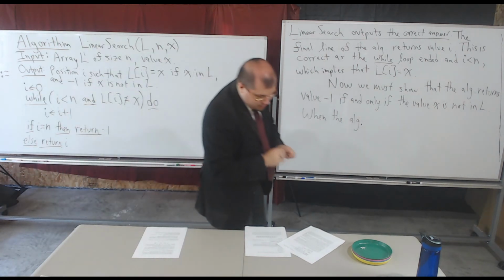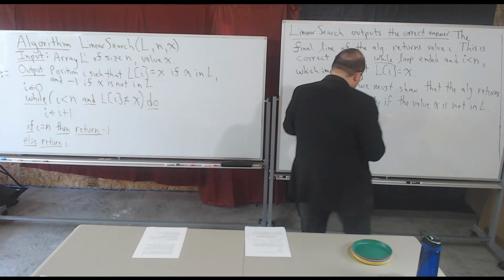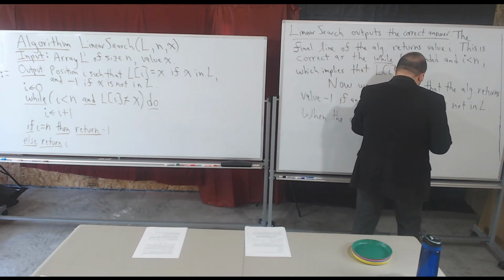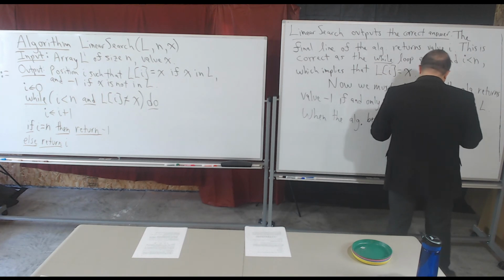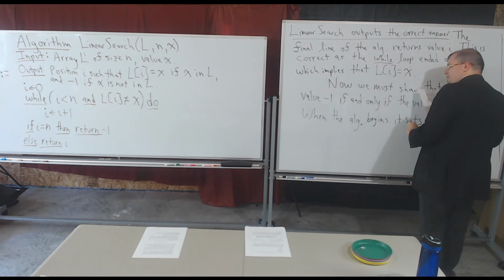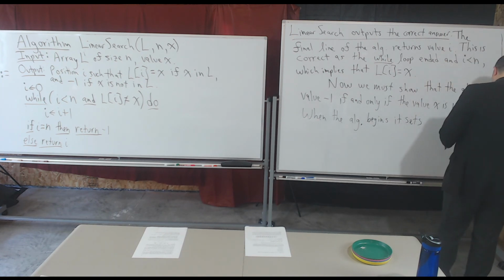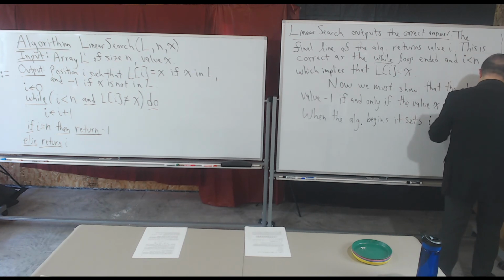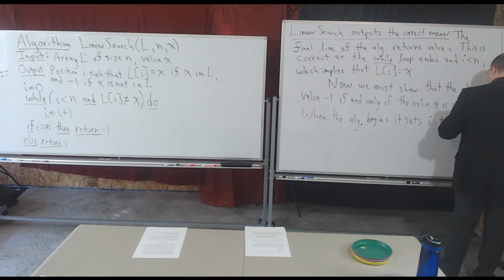When the algorithm begins, it sets I to value 0. I apologize for the train if you can hear a train. I know it's telling me time is almost up for us today.